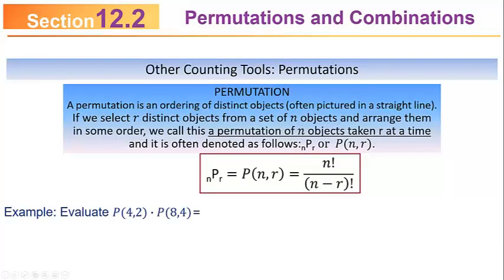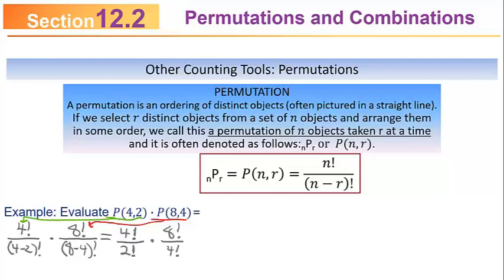Let's practice a little more using this example. It's a product of 2 permutations. I want to take the permutation of 4 things taken 2 at a time and multiply by the permutation of 8 things taken 4 at a time. If you use the formula for each, you'll see that a permutation of 4 things taken 2 at a time is 4 factorial over the quantity 4 minus 2 factorial, and the permutation of 8 things taken 4 at a time is 8 factorial over the quantity 8 minus 4 factorial.